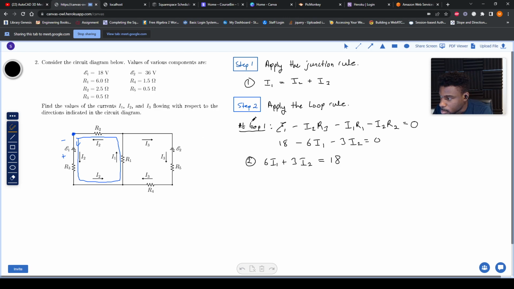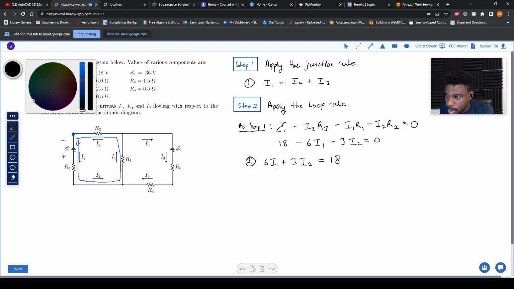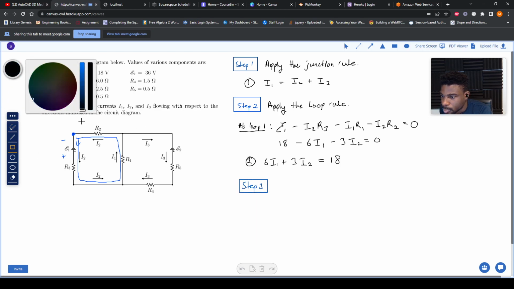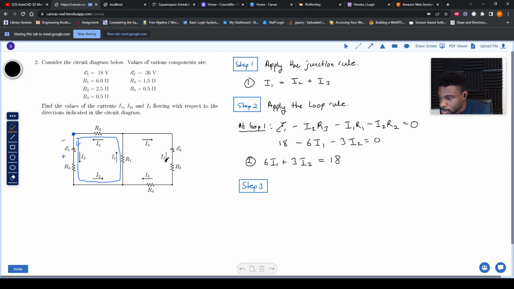Now let's move to step 3. Step 3 is again going to be an application of the loop rule. So here we're going to apply the loop rule to loop number 2.